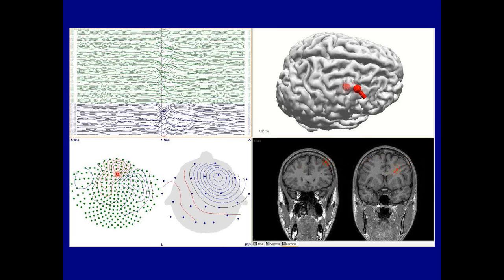Here's the MEG field. We have the typical dipolar MEG, the source between the two maxima. Notice the MEG dipole is correctly placed depth-wise up here in the cortex, where the EEG dipole tends to be deep, but the two actually are pointing to the same general area of cortex as the likely source.